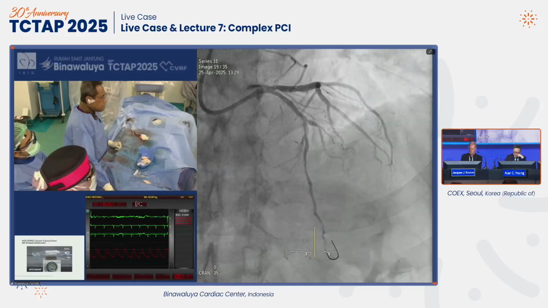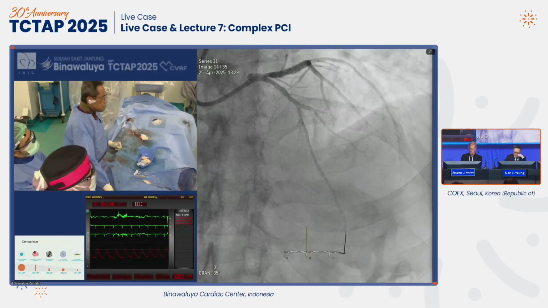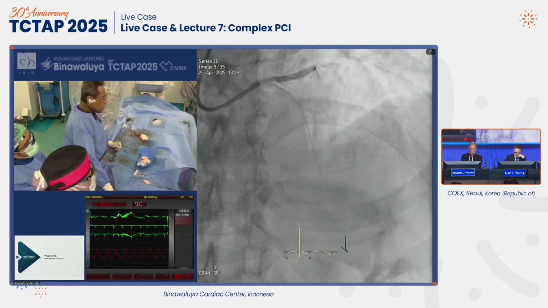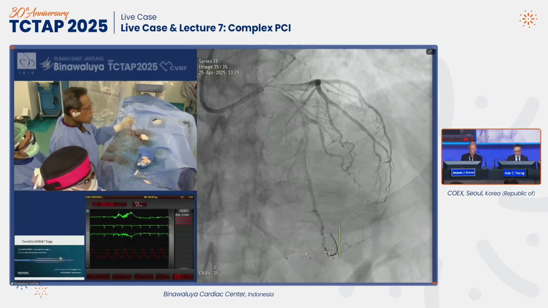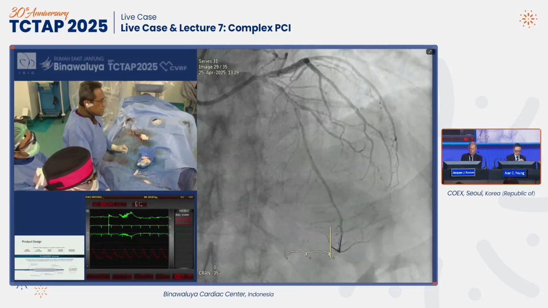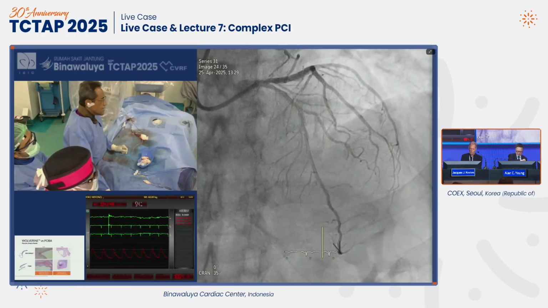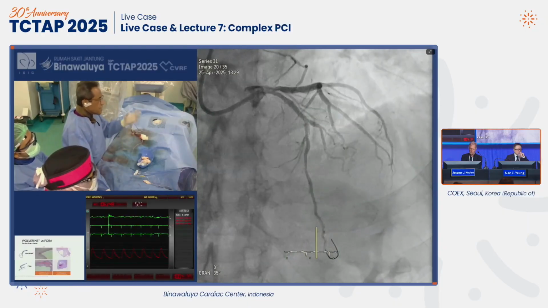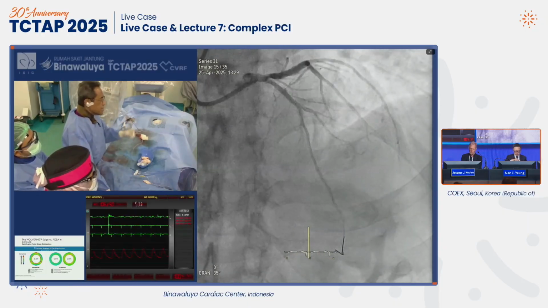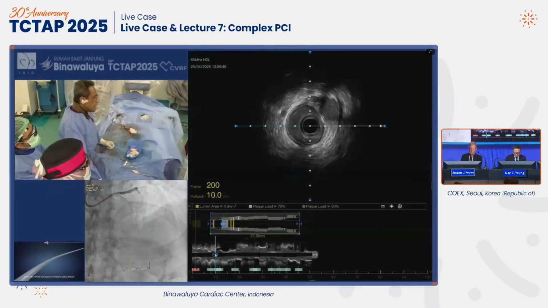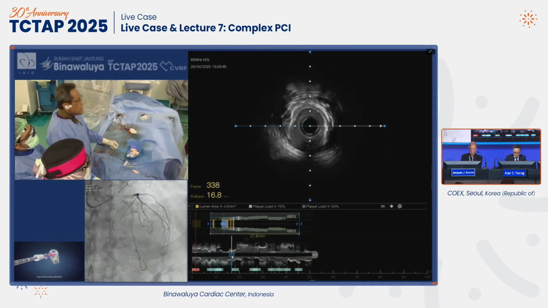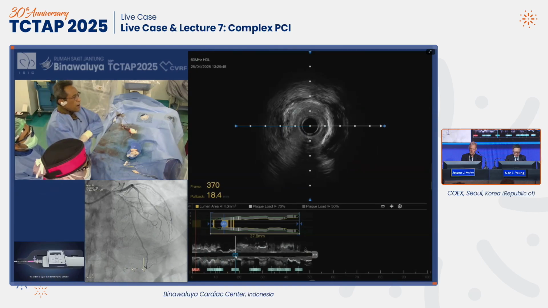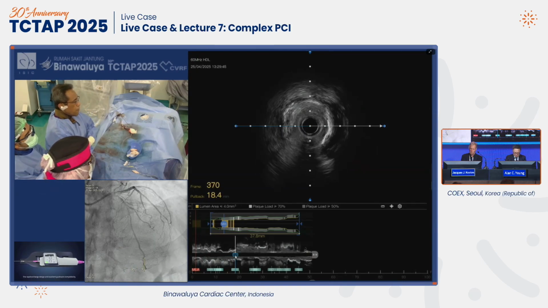Nice. What are you planning to do with the diagonal LAD bifurcation? Well, the total length of the lesion is maybe about 36 to 38 millimeters. The distal diameter is about 2.5, but the left main diameter is about 5 to 5.5.